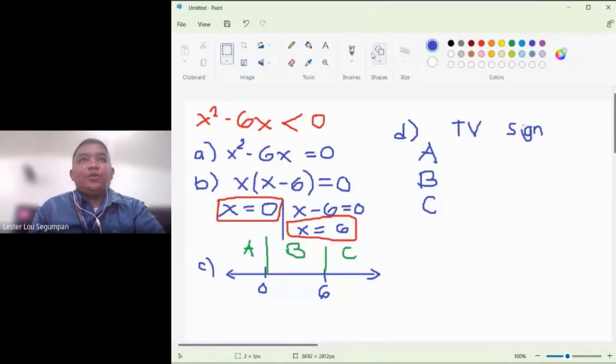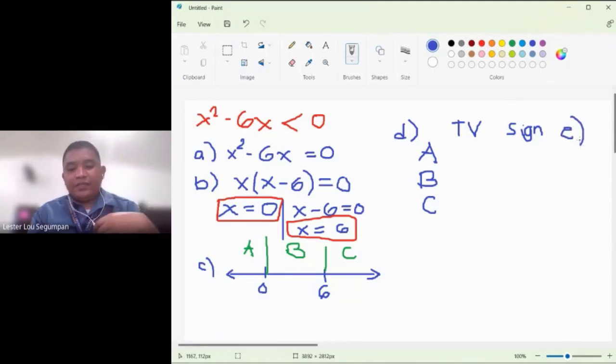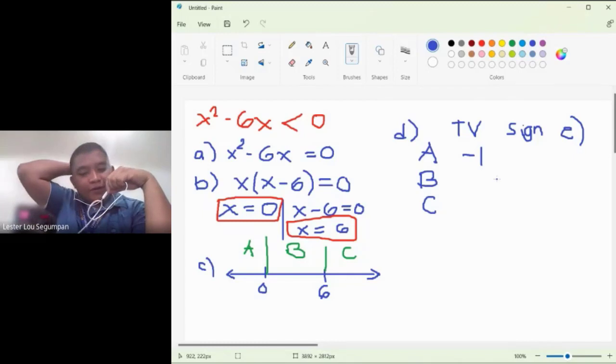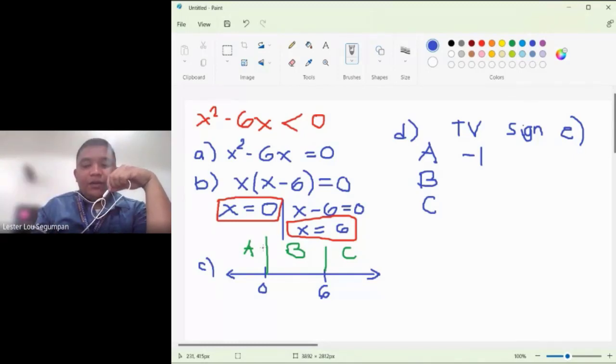Then we are going to use whatever results here for our final answer. So what should be our first test value? You could use -1. That's correct. How about for the second region? We can no longer use 0 because 0 was made to divide the regions. So you use here 1. And then we have the last, which is 7.